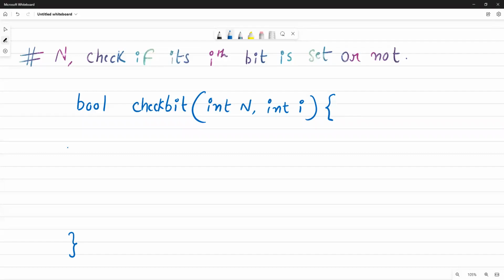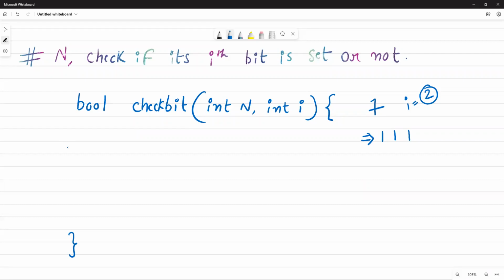If there is 7, so 4 plus 2 plus 1, so 1 1 1, and I'm asked I as let's say 2, then I'll return true.